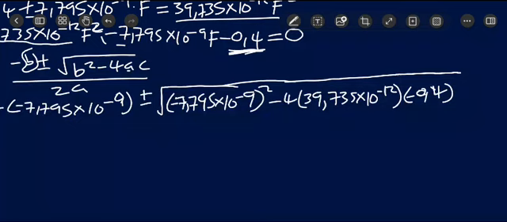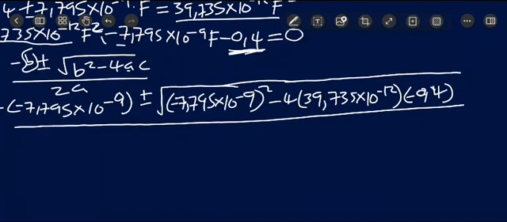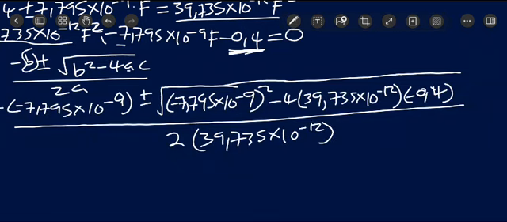All of these should be divided by 2a. a is 39.735 times 10 to the power of minus 12.